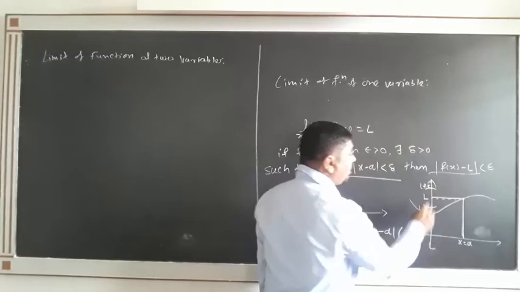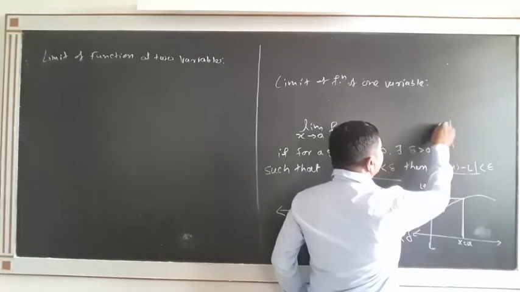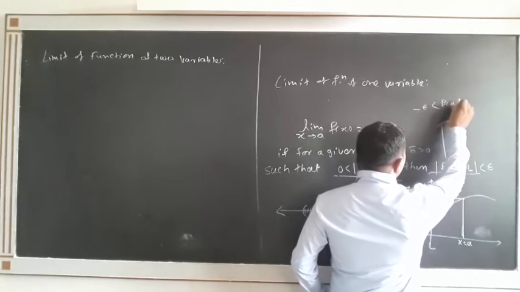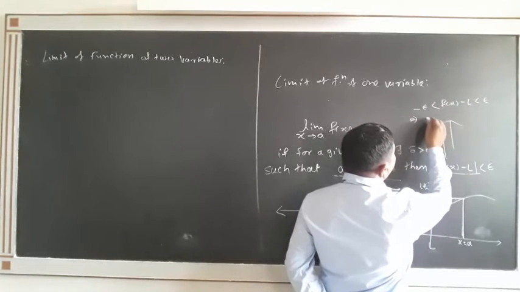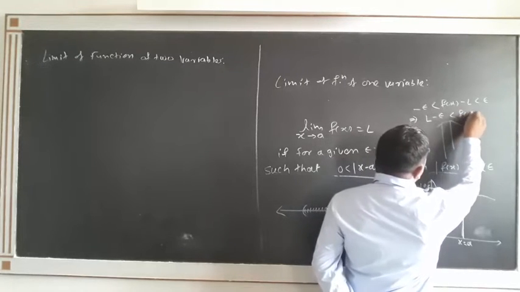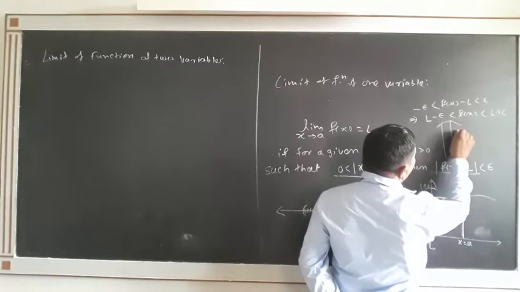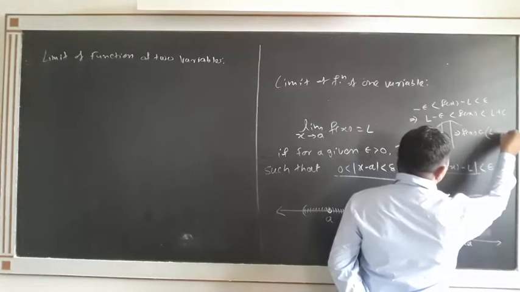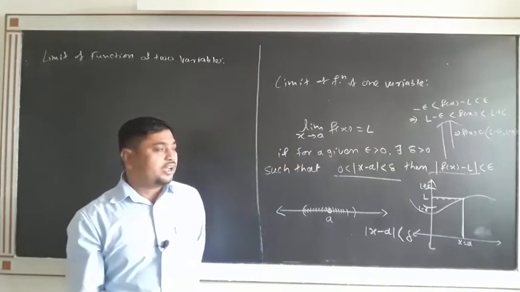So minus epsilon is less than f of x minus L is less than epsilon, and this implies L minus epsilon is less than f of x is less than L plus epsilon. That is, f of x belongs to the interval L minus epsilon, L plus epsilon.